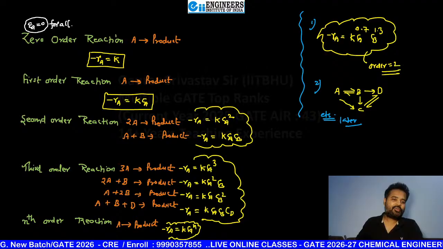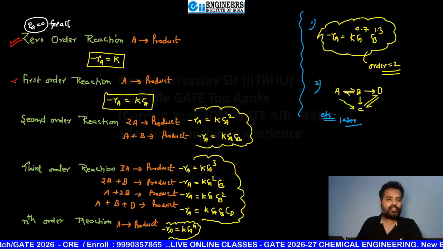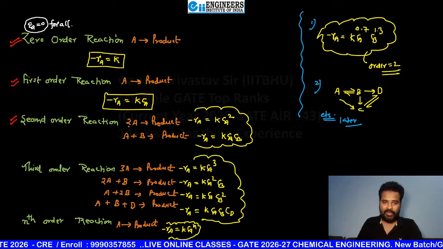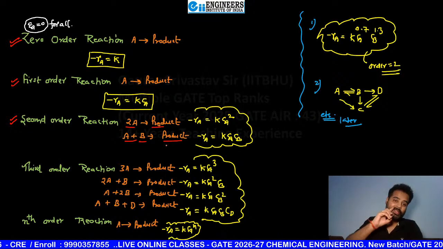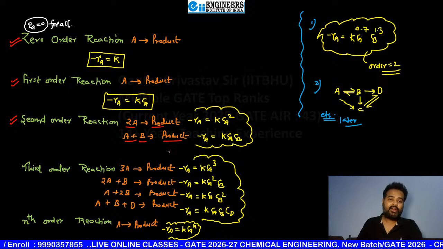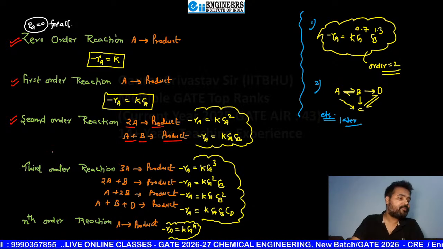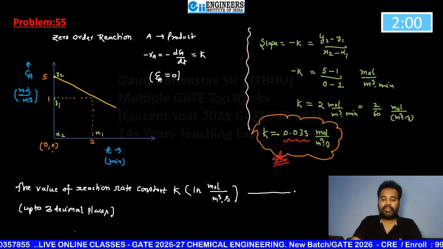So today we already completed zero order reaction, the first order reaction and the second order reaction. First one complete and second one is going on. In next lecture you will see these all again, and definitely in next lecture we will be able to complete it. For zero order reaction, see one thing I want to show you.